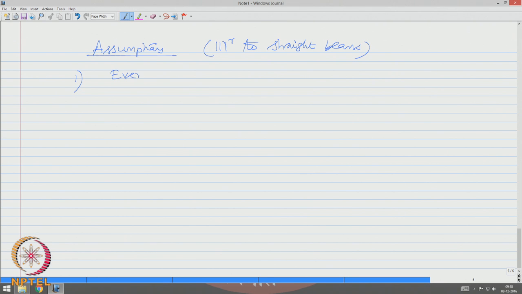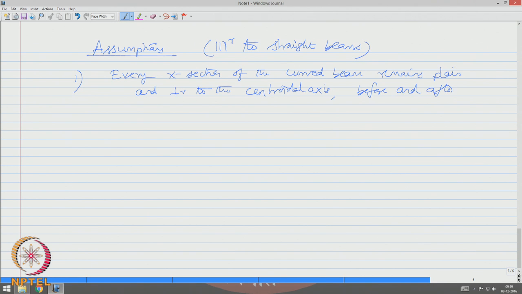Every cross section of the curved beam remains plane and perpendicular to the centroidal axis before and after application of external moment.